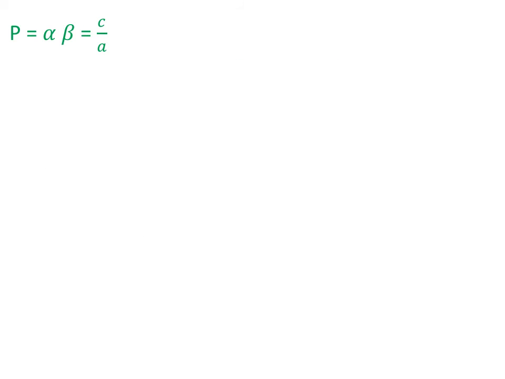For finding the product we will write p equal to alpha beta, which is equal to c over a. By putting the values of c and a we can write alpha beta equal to n over L, which is our second equation. We have to evaluate 1 over alpha square plus 1 over beta square.